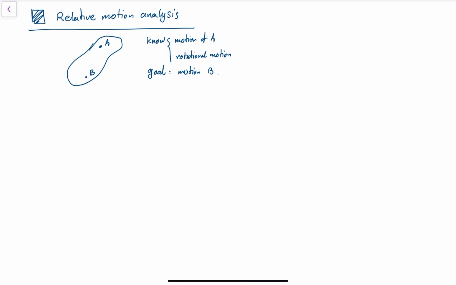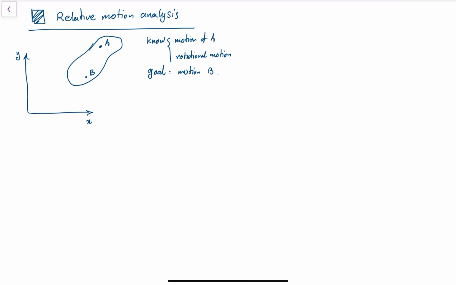You know two, you want to find the other one. And yeah, the question is how. So in general, we want to find these in a given frame, like let's call it XY frame.